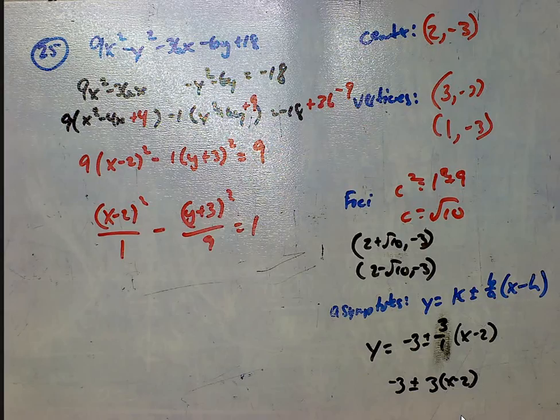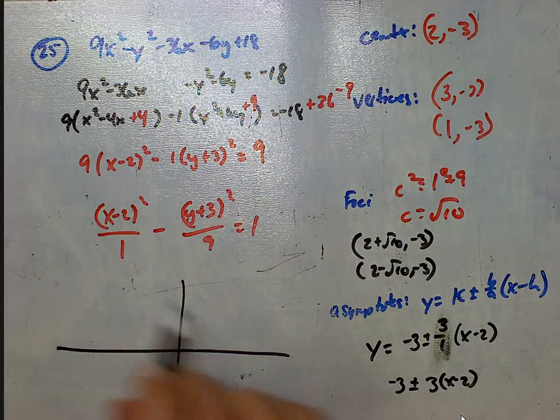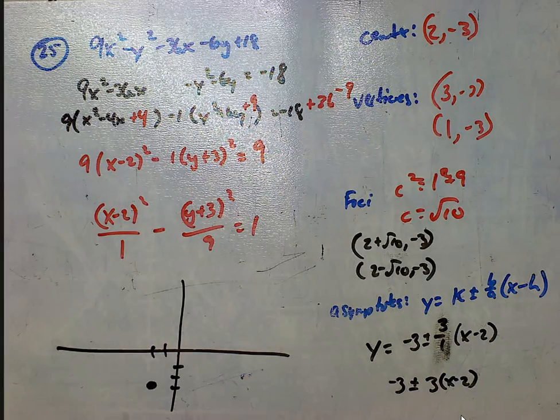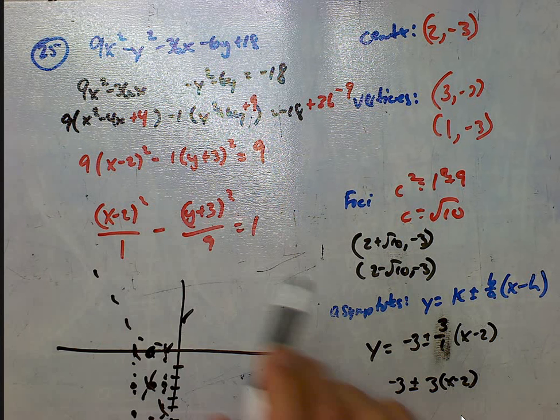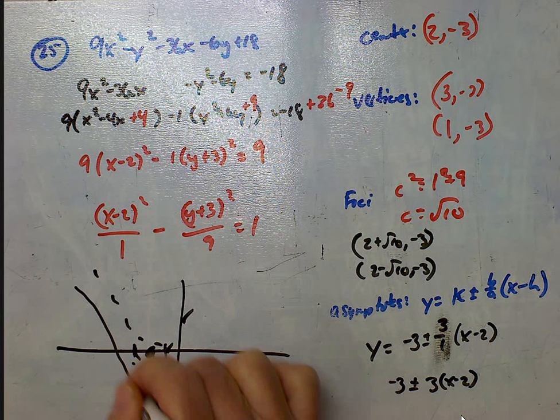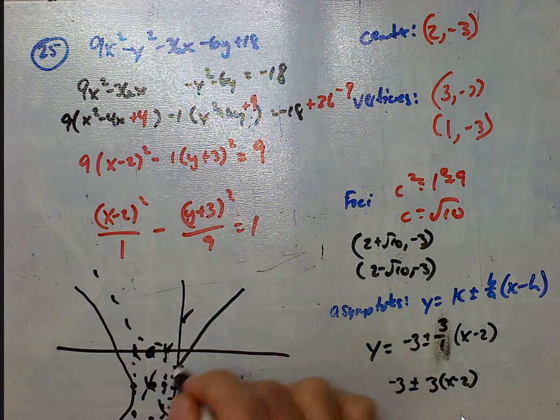And to sketch the graph, it's going to look like this. Move 1 in the x direction each way, 3 in the y direction. Create a little box here. Draw the asymptotes in there. And since x comes first, it opens up in the x direction like that. And there's how you do number 25.